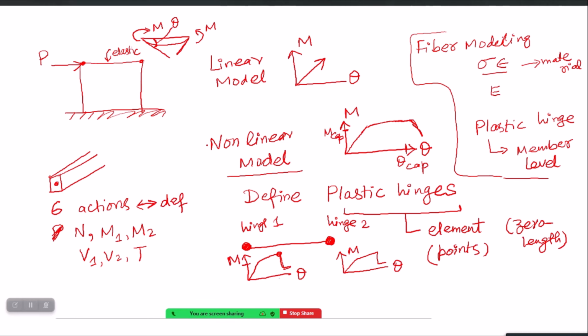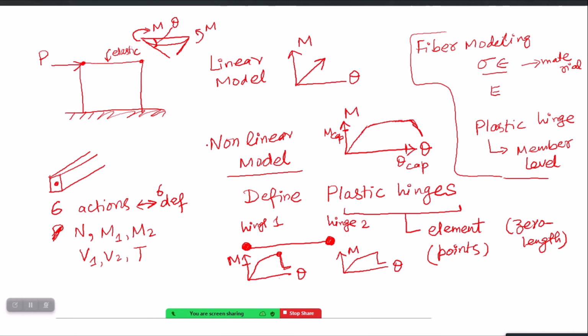So all these relationships will be linear for a linear model, but we can make each of them nonlinear also using the idea of plastic hinges in nonlinear modeling.